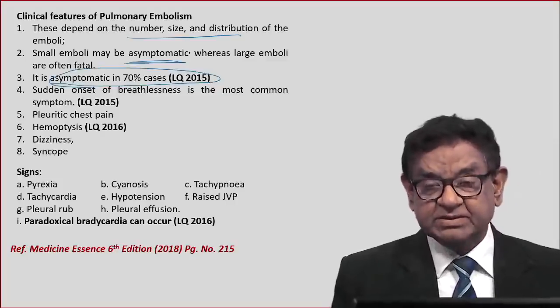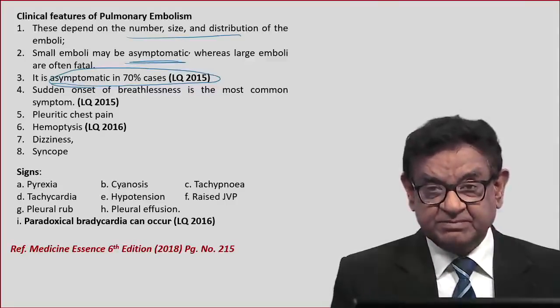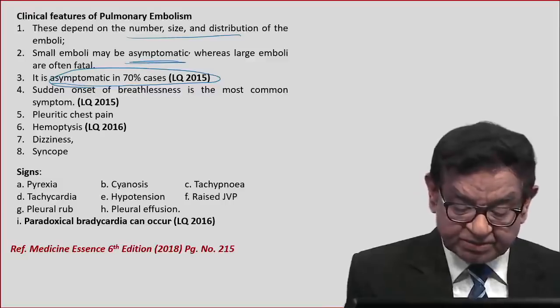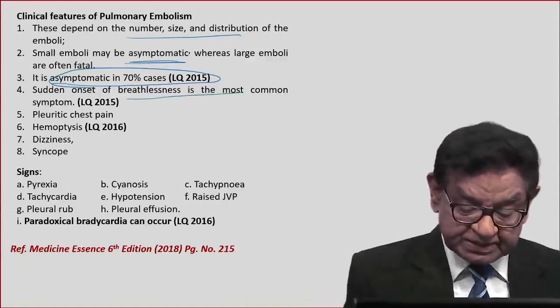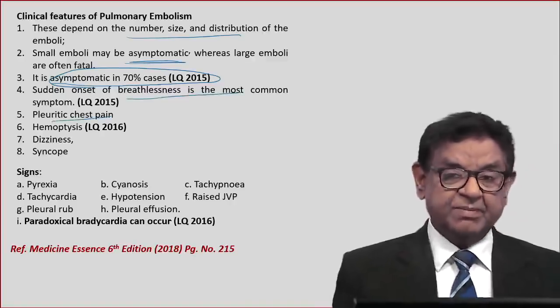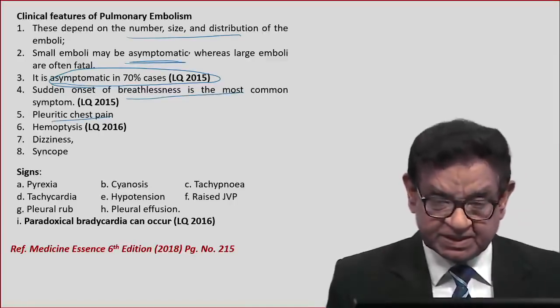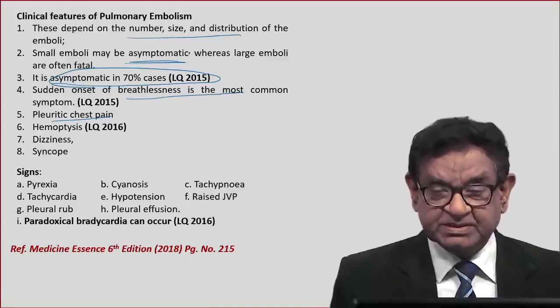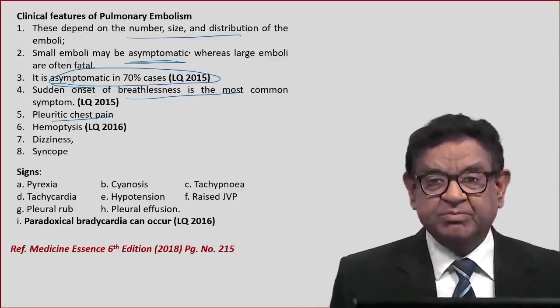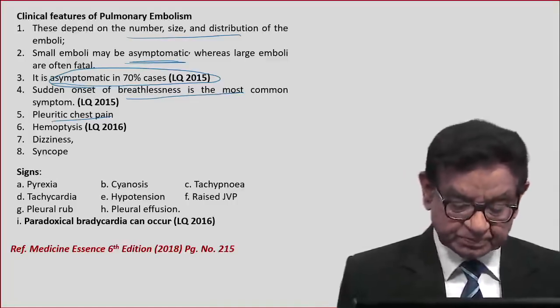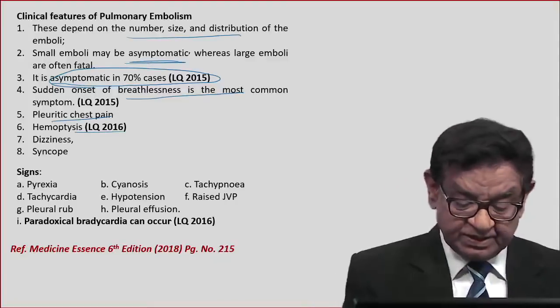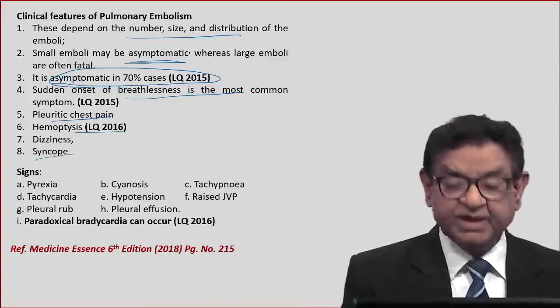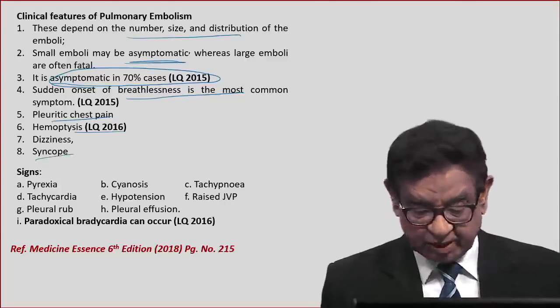But otherwise, if the patient has symptoms, sudden onset of dyspnea is the most common presenting symptom. Chest pain can occur, but remember, chest pain is never the presenting symptom. Chest pain is the presenting symptom in acute myocardial infarction. Hemoptysis can occur, dizziness and syncope can occur, and of course sudden death can occur.